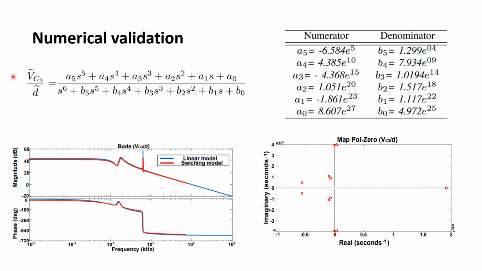In addition to validating the average model, the linear model was verified through frequency response analysis, comparing the mathematical linear model obtained in this article with a switch model. This comparison allowed the validation of the proposed scheme using two different software programs, MATLAB and PowerSim.